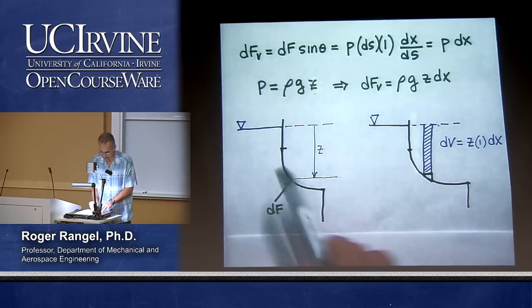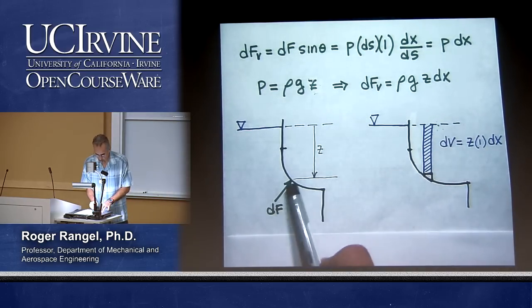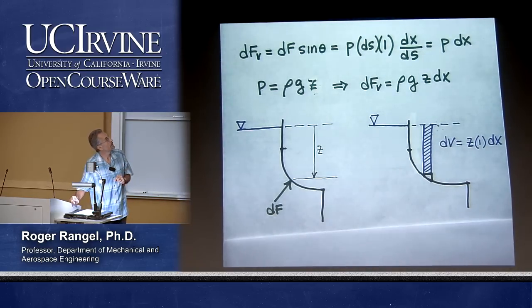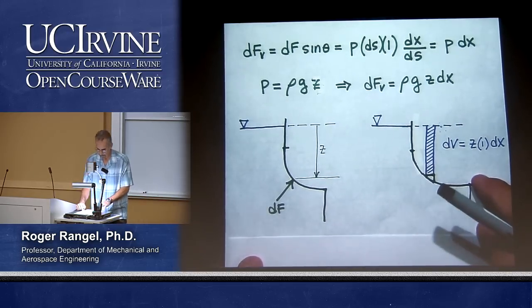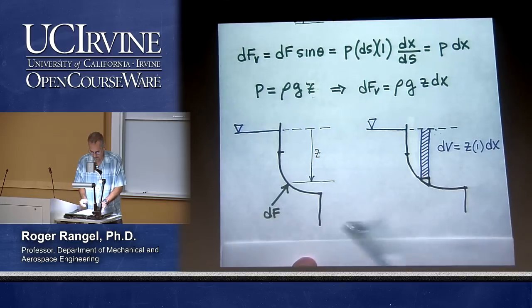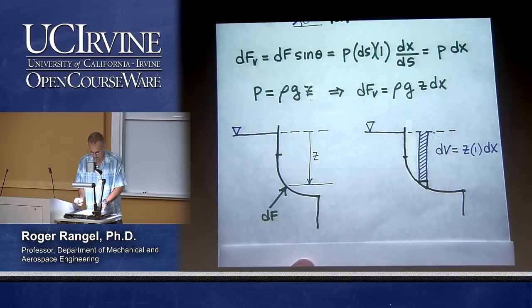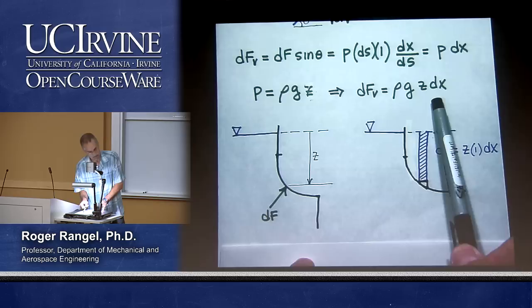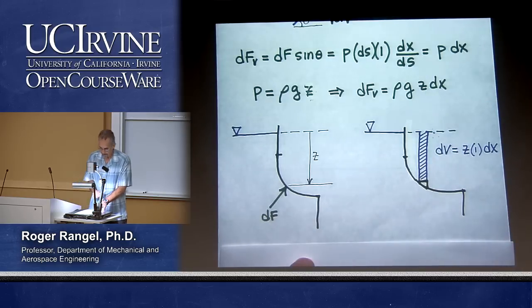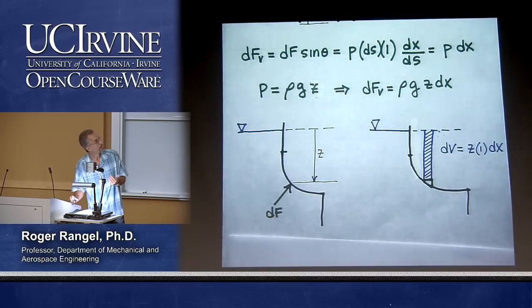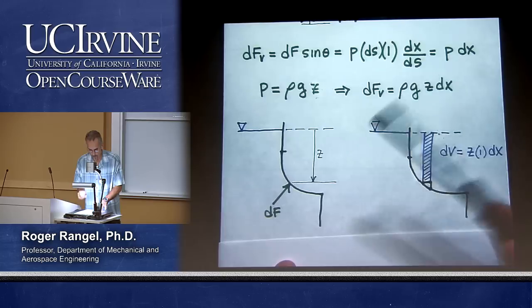As I said, z is the depth to the point on the surface, the differential element of the surface that I am considering. Now, the quantity on the right-hand side of this expression, z dx, is times 1, because it's unit width.